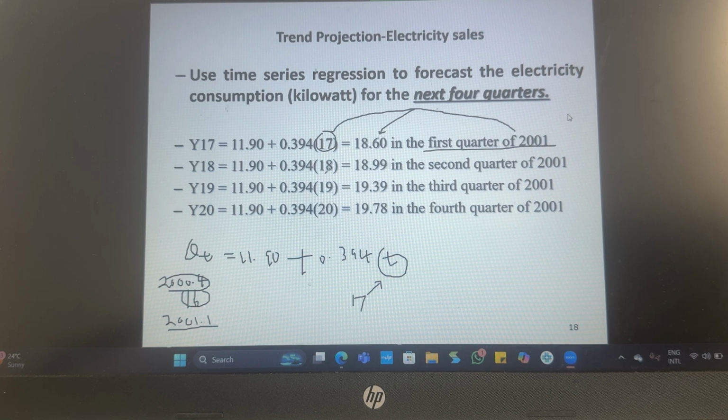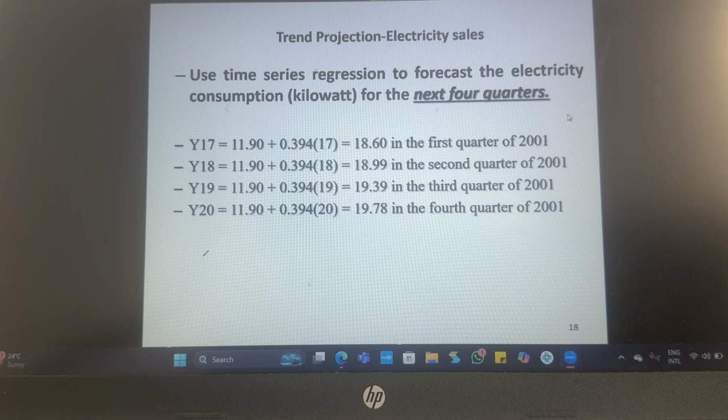If you plug in 18 here, it is the second quarter of the same year. 19, third quarter of the same year. 20, fourth quarter of the same year. This is how you can get the forecasted value. I think it's clear for everyone. Yes, sir. Okay. Right.